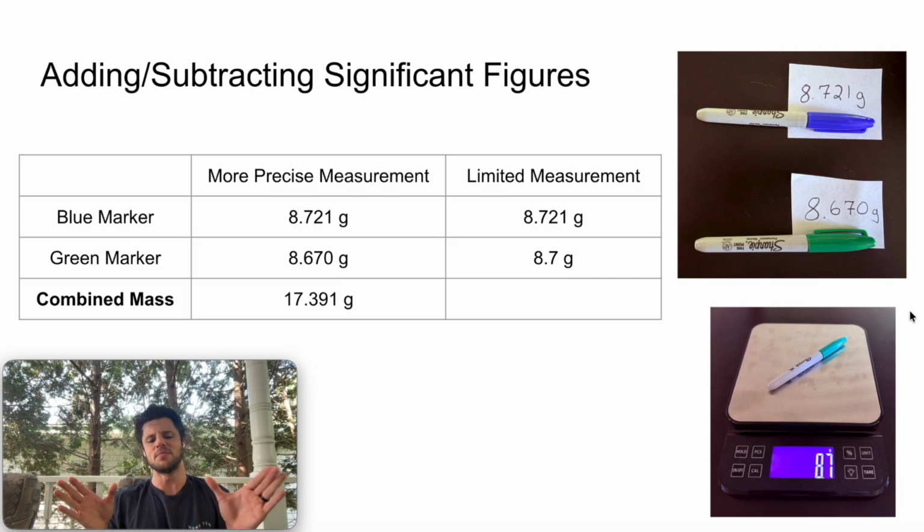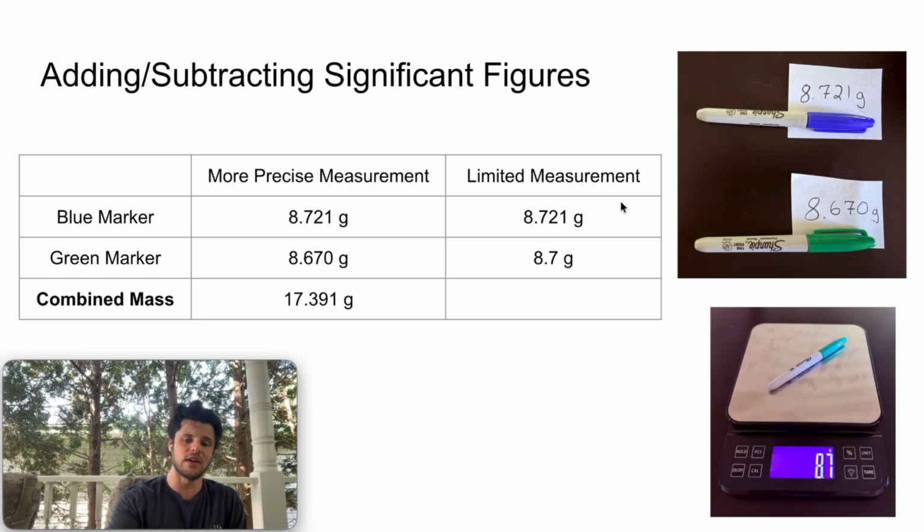So let's say that when I was measuring the two markers in the beginning, I had a very accurate scale for the blue marker, and I got a measurement of 8.721 grams, but then that scale broke before I could measure the green marker. And then the green marker I had to measure with our less precise scale in the laboratory that only measures mass to the tenth of a gram.